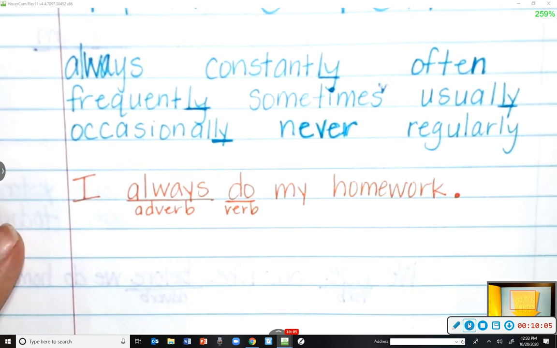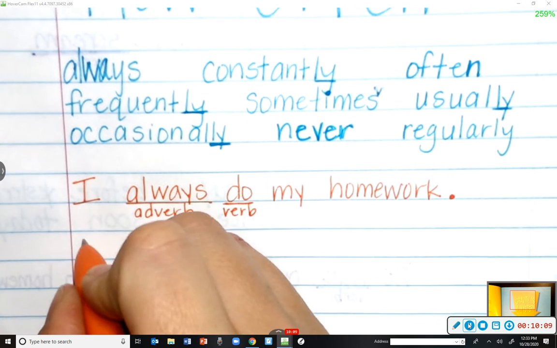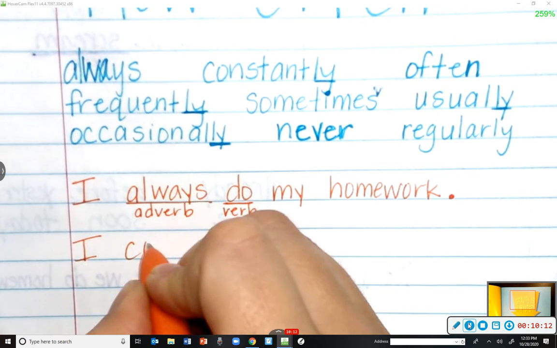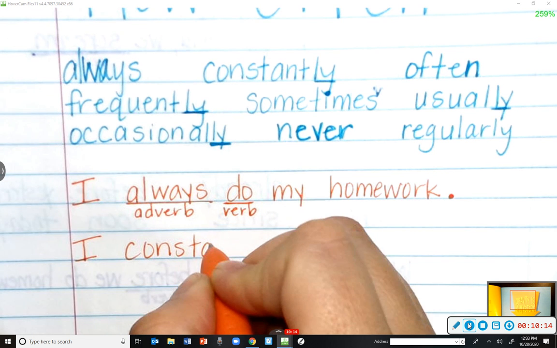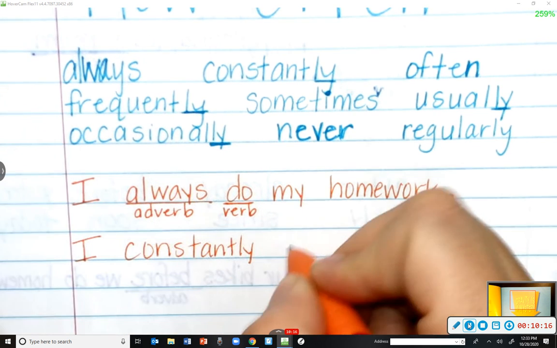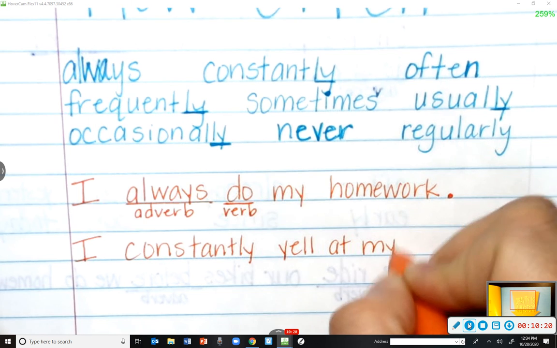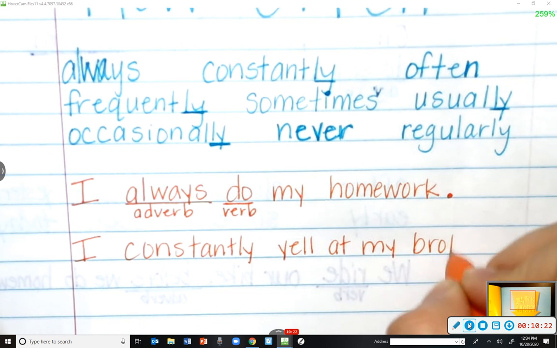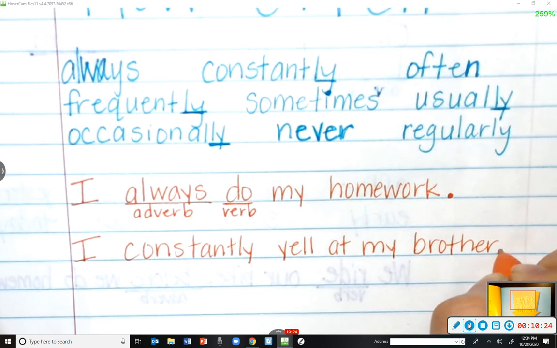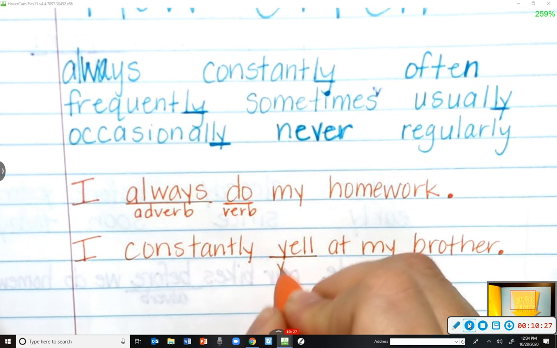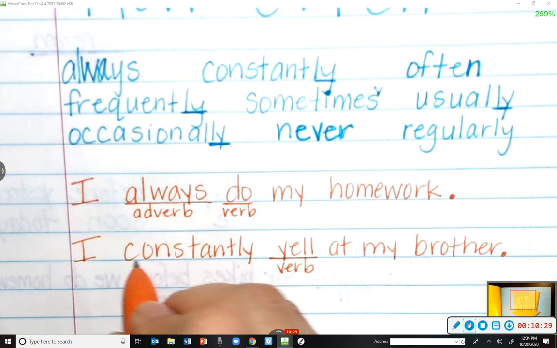Okay, so we had quite a few examples that were shared here in class. Someone said, I constantly yell at my brother. I yell at my brother every day. So the verb was yell. The adverb was constantly.